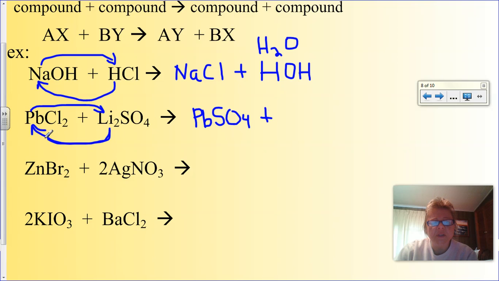So if lithium comes and sits right here, we want not to write Li2Cl2. What should happen with this 2? It should be pulled out and put in front.